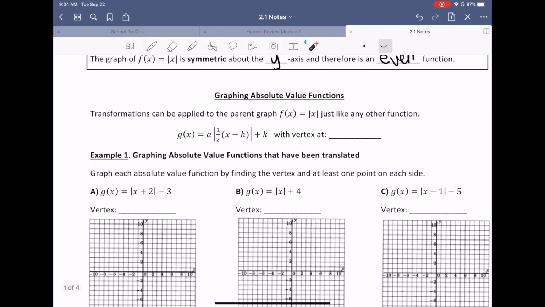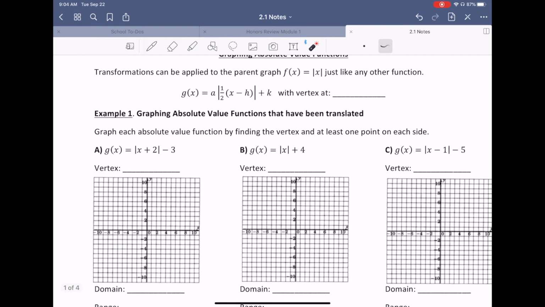Now, graphing absolute value functions. There are transformations that can be applied to the parent graph, f of x equals the absolute value of x, just like any other function. We have g of x equal to a times the absolute value of 1/2 times x minus h plus k.